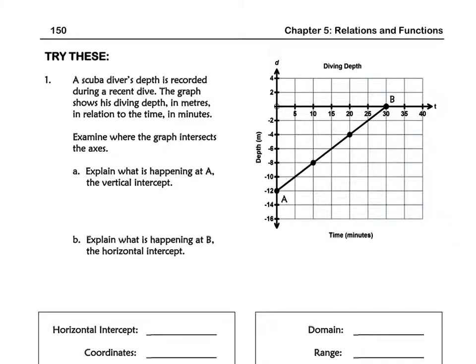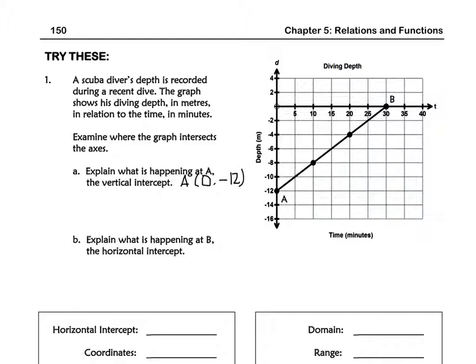Okay, this first example to try is a scuba diver's depth is recorded during a recent dive. The graph shows his diving depth in meters in relation to time in minutes. So again, you have to explain what's happening at A, the vertical intercept. If you look at the coordinates of A, it has 0 for the time coordinate, and for the depth coordinate, it is negative 12.